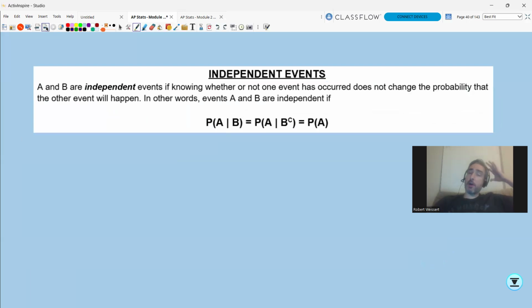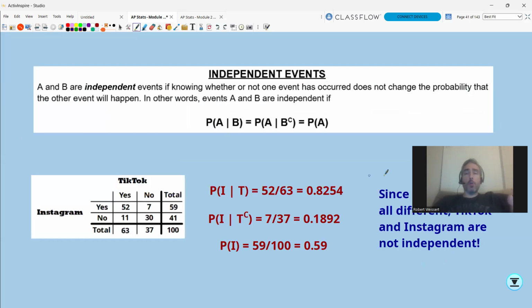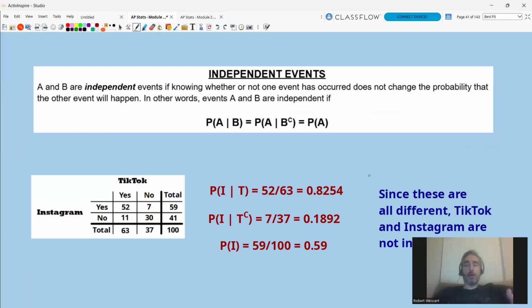And for events to be considered independent, we would want those numbers to be the same. Now, in this case, there's a big difference between the proportion of TikTok users who use Instagram, the proportion of non-TikTok users who use Instagram, and the proportion of Instagram users in general. You can see they're all different.